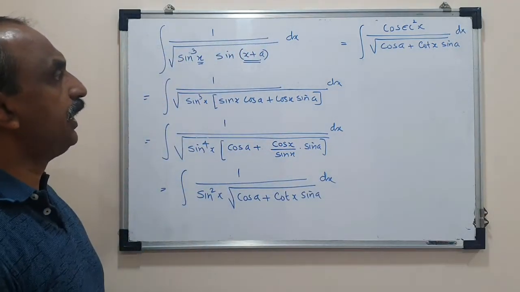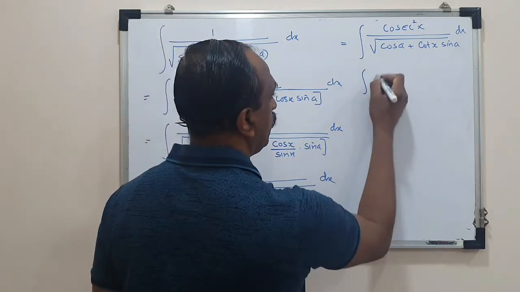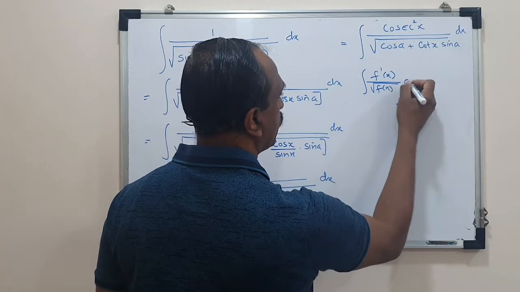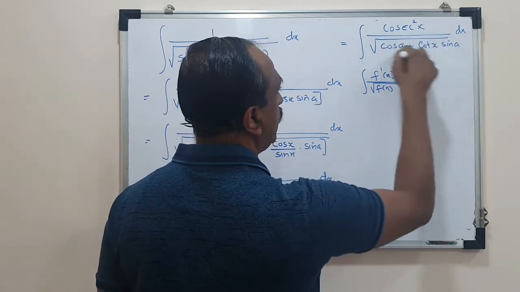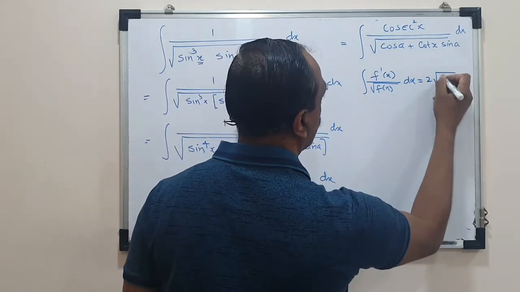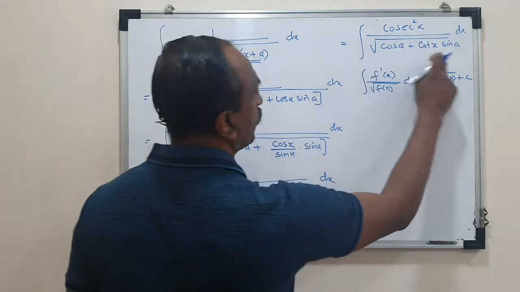Now we can think about integrating using integral f dash x upon root fx. I may apply this directly, or I can put this as t and this as dt. Both the methods you can apply, whichever you feel convenient. That's a choice to you. But I do not have the whole derivative.